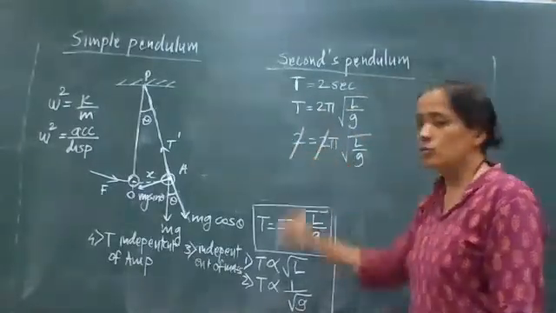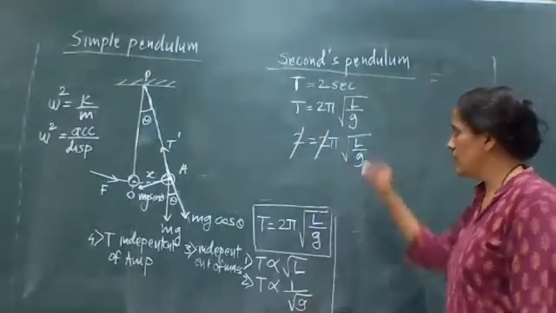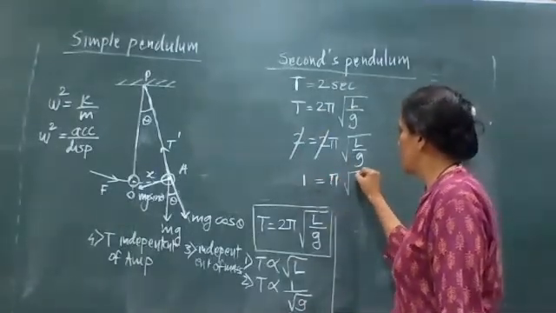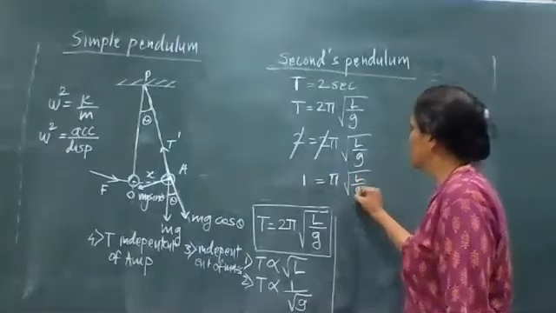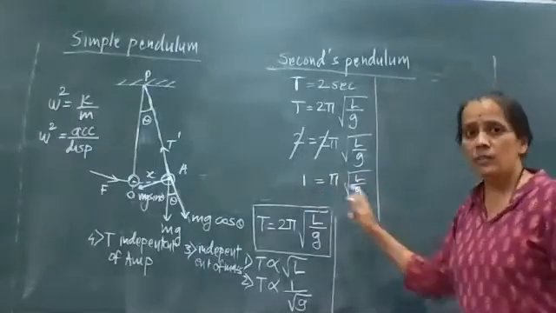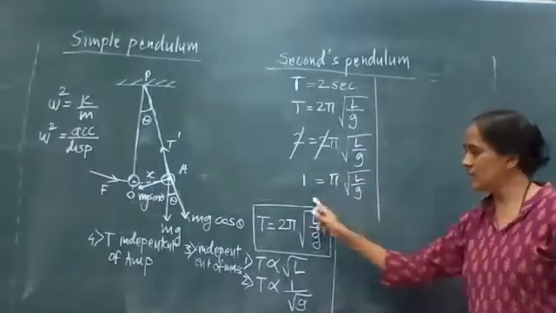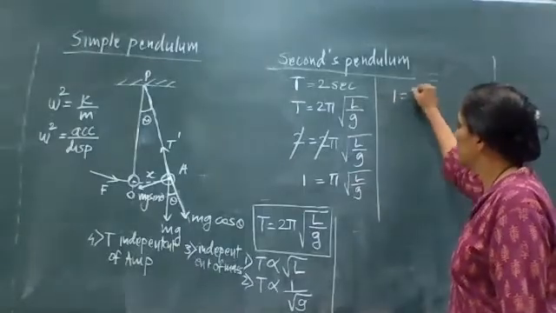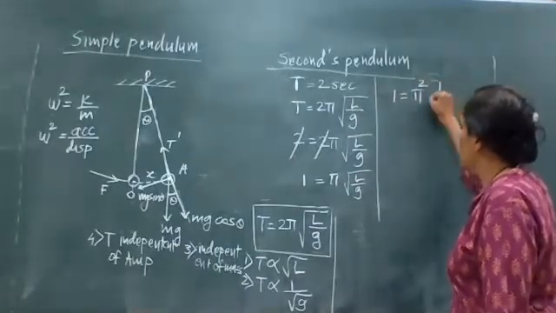From both sides this factor of 2 will get cancelled. What is remaining? 1 is equal to pi under root of L by g. I can square both sides, left hand side and right hand side. So if I square it, I will get 1 is equal to pi square L by g.